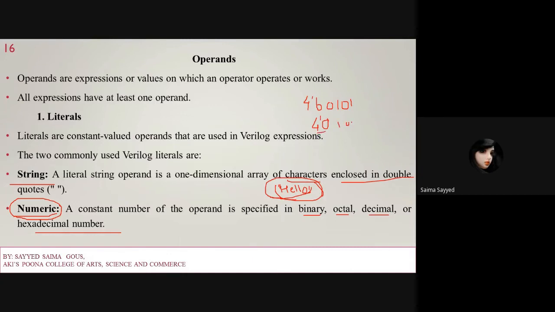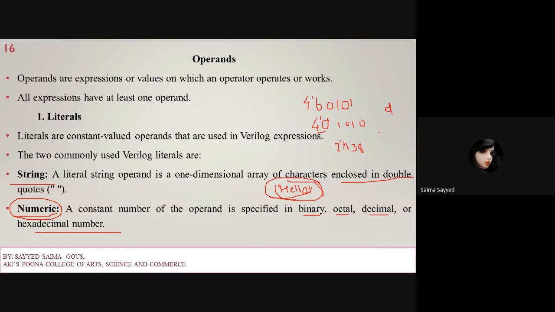It can be 0101. Then the hexadecimal number is represented by h, for example a 2-bit hexadecimal number 38. In this way, you have to define numericals in binary, octal, decimal, or hexadecimal. For a decimal number, you have to write d.